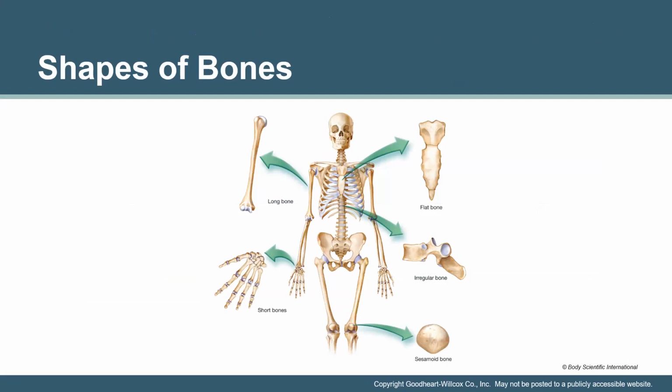The long bones, that's like your upper arm, your humerus. Your thigh bone, that's your femur. These are long bones. Also your radius, your ulna, that's your forearm, and your tibia and fibula, that's the distal portion of your leg.